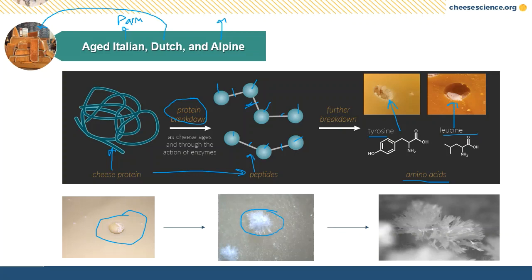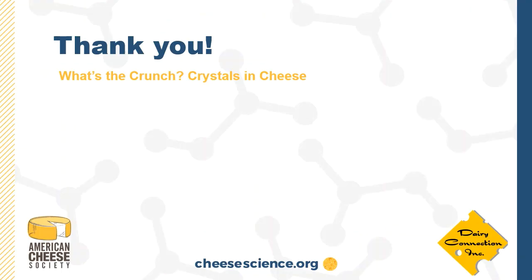And if you zoom in even further, you start to see some really nice, interesting structure here, and it almost looks like a snowflake. And I do like to refer to crystals as sort of the snowflakes of the cheese world. No two are the same, and they're quite beautiful and striking as well.